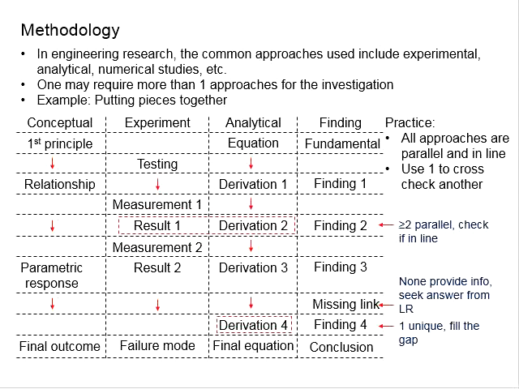I would say that for the most basic investigations, maybe you use two of the three. You can have a combination of experimental and analytical study, or experimental and numerical study, or you might want to have analytical versus numerical studies. Or you can have all.